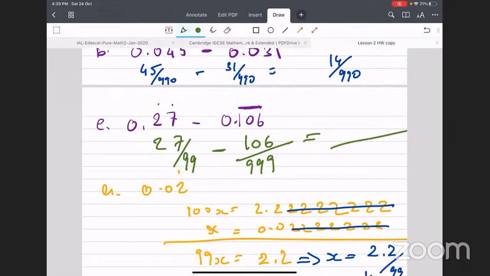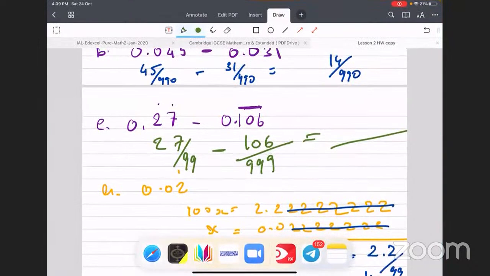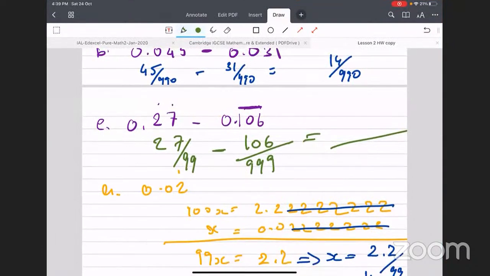It's a bit long because you need to get the common denominator for these two numbers. I'll just search for the LCM of 99 and 999.